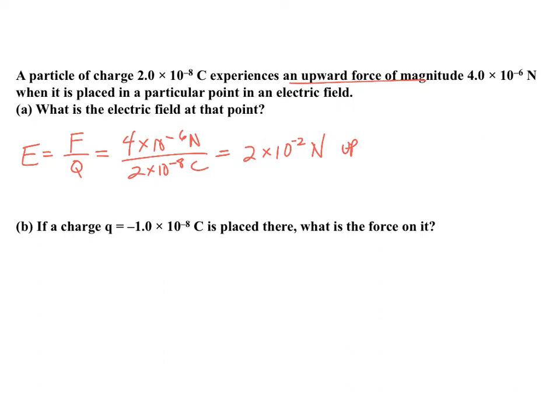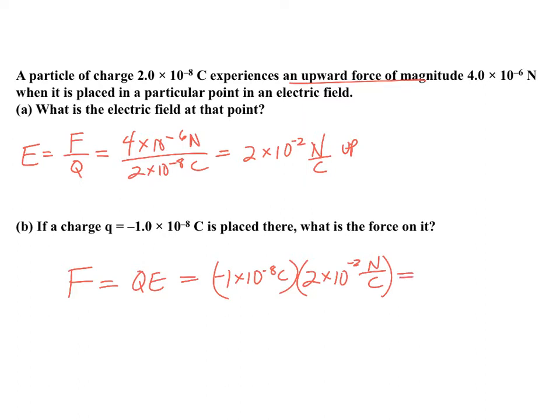Part B. If a different charge is placed there, what's the force on it? Well, force is also charge times field. Big Q or little q times E, it doesn't really matter. It's just rearranging the definition. And so a minus 1 times 10 to the minus 8 coulombs times that field strength we just figured out, in newtons per coulomb.